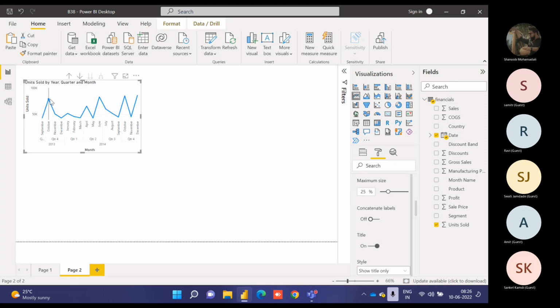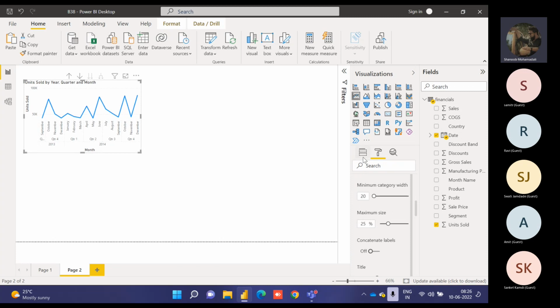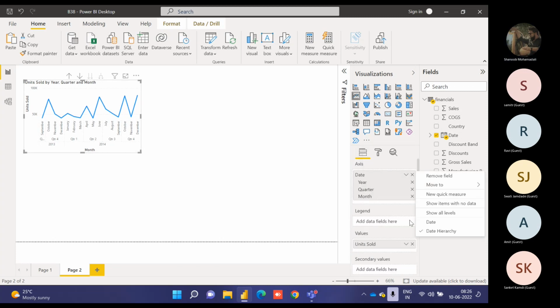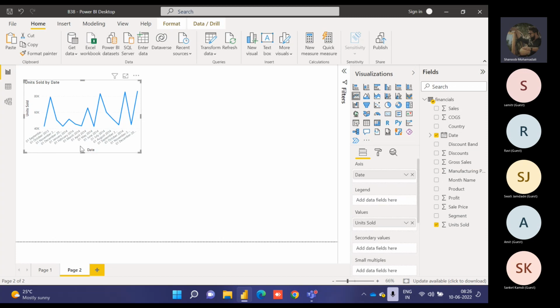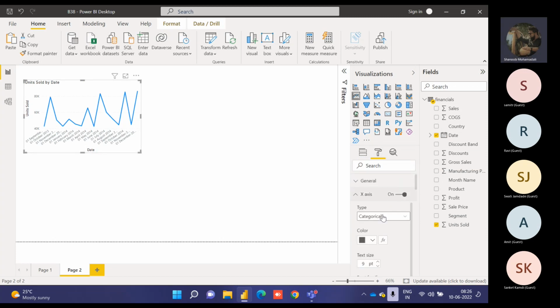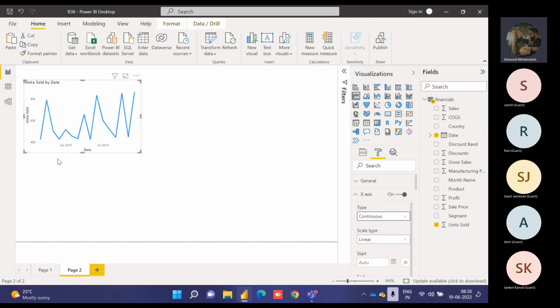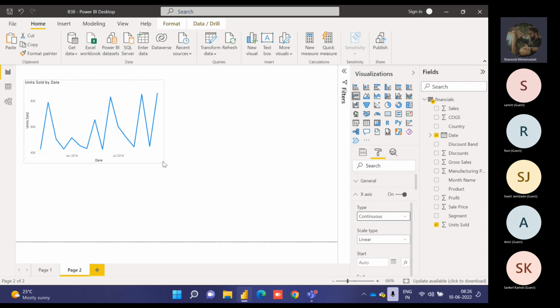Clear till here how we get this? Now let's say that I don't have the hierarchy. I just need the normal dates. For the normal dates, if I say continuous, you'll not be able to see the continuous months labels.